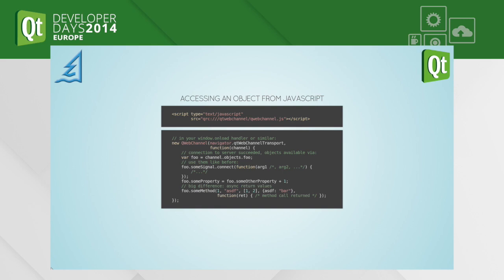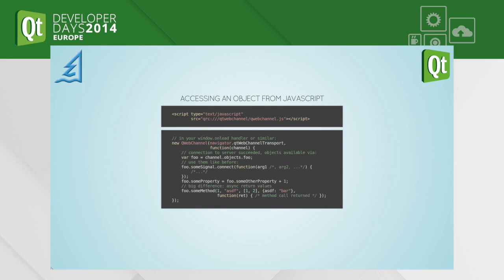But they have a cache, so you can actually read them in a sense synchronously. But if you want to have the return value of a method, you need to wait for that by passing in a callback at the end after the arguments you pass to your method. And then once this callback gets called, you actually can read the return value as the single argument passed to this function.